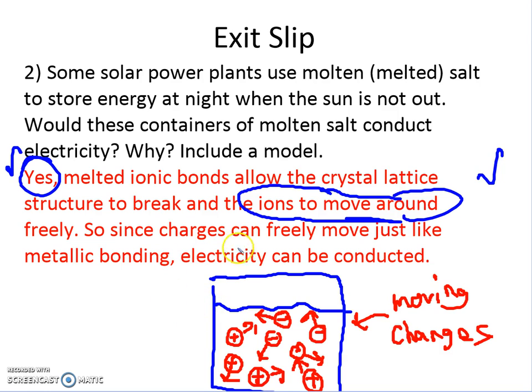And so charges can move and electricity can be conducted. So then here's my model. Something like that should be good. So that's 3 for both, so the total's out of 6. You can keep that to study, or you can post it on the student work section if you did a good job.